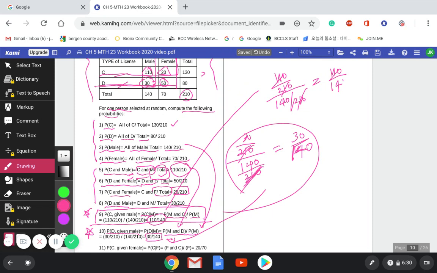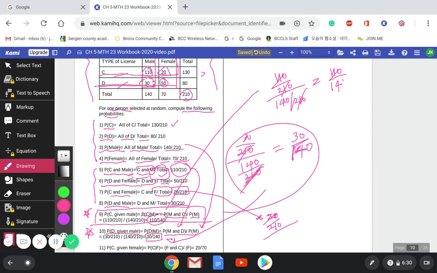Now, number 11, the probability of a C given female is the probability of a female and license C out of female. So female license C is this, 20 out of 210, divided by female.